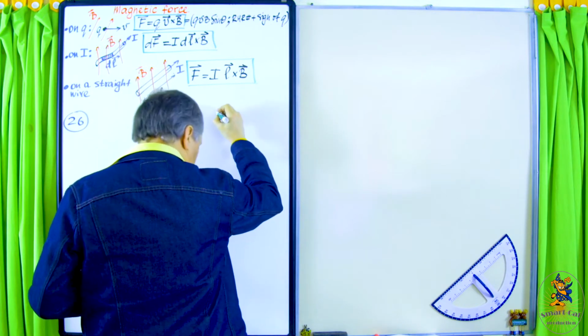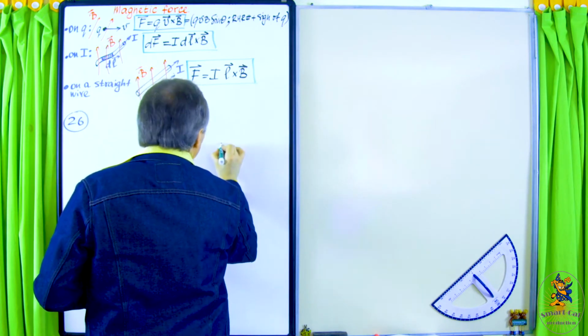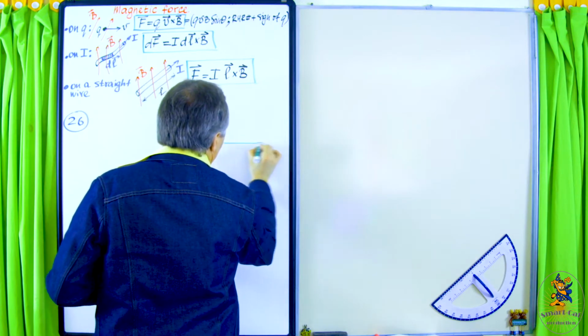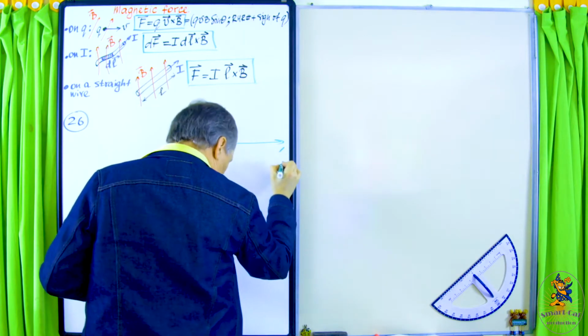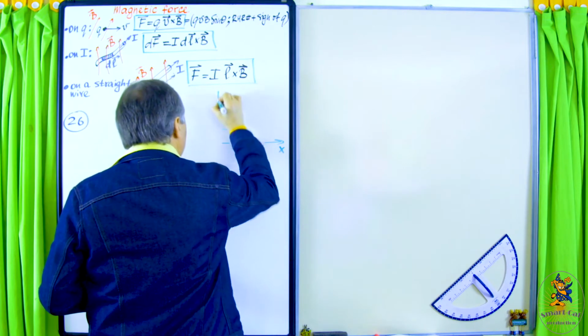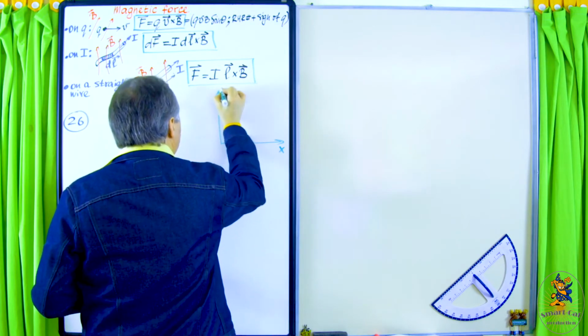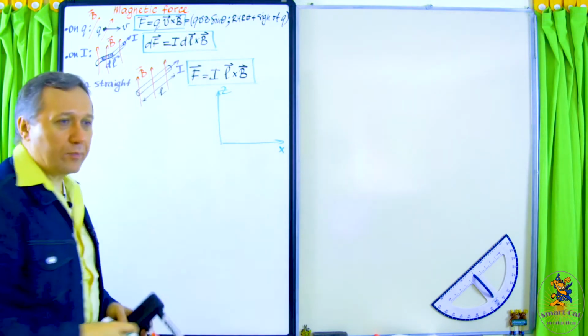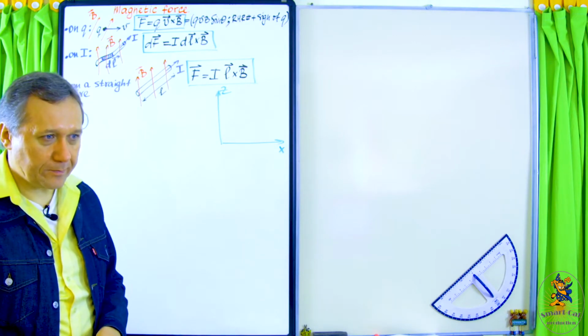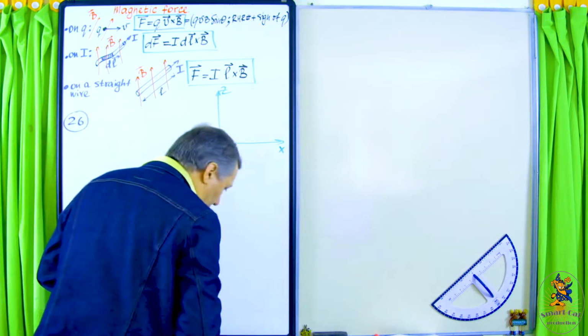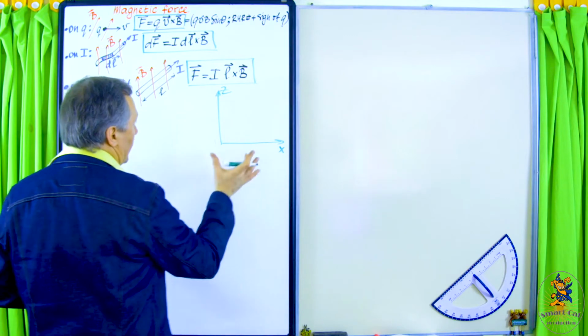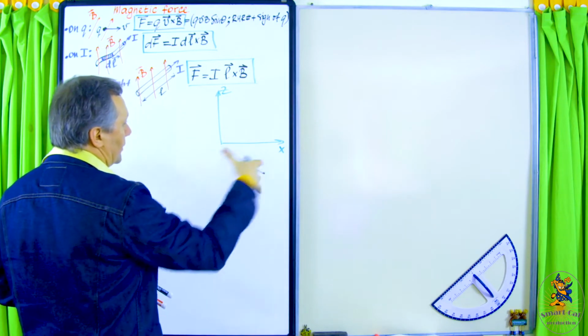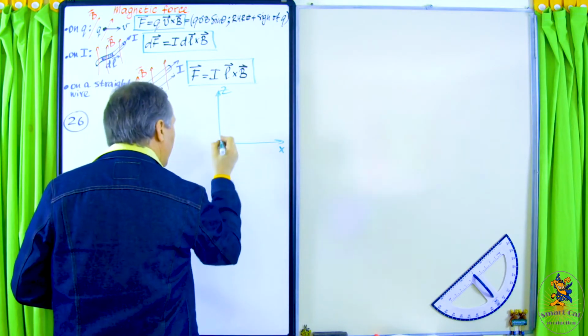Probably I will do it here. It should be enough. So let's say this is the x direction, this is Z, you see, I positioned the Z-axis up. And then the Y-axis, okay, I will use a right-handed system, so the Y-axis will be into the board.